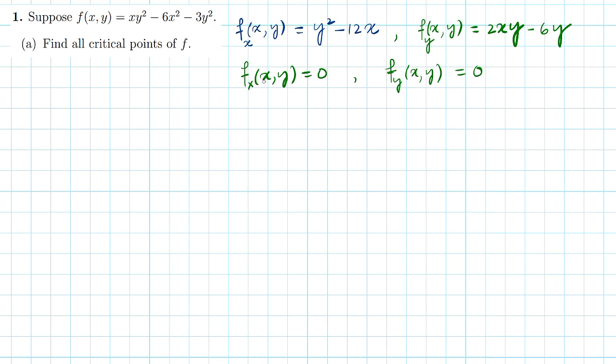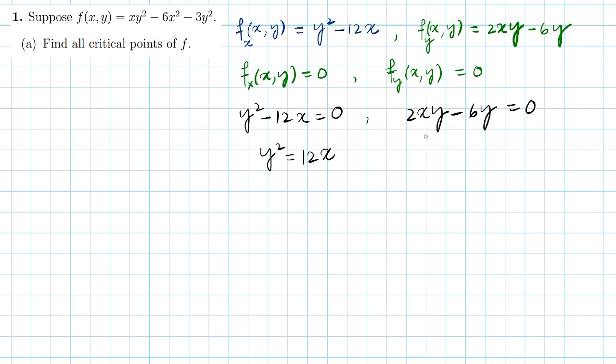So here we have y squared minus 12x equals 0. So we get y squared equals 12x. In the same way, we can say that 2xy minus 6y equals 0.